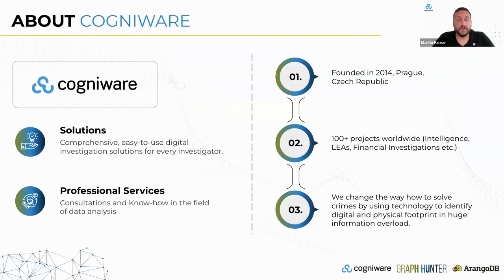Yeah, so we're a company based in Czech Republic, Central Europe. We provide solutions and professional services for all kinds of different domains, especially law enforcement agencies, intelligence agencies, government bodies, but also for commercial entities like banks, insurance companies, or any other commercial subjects.